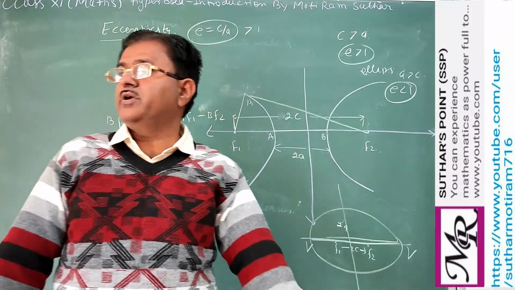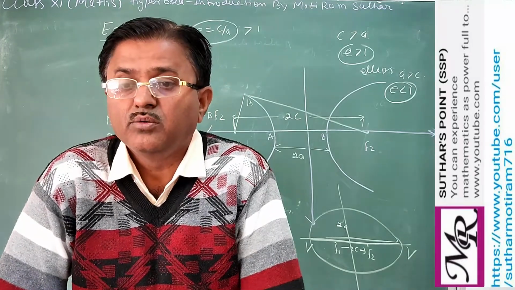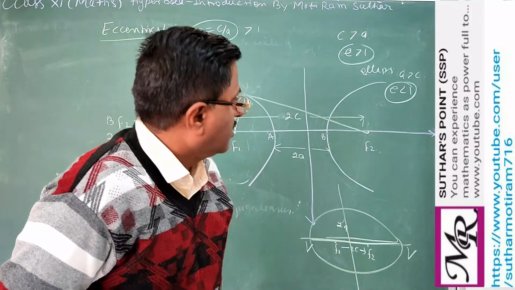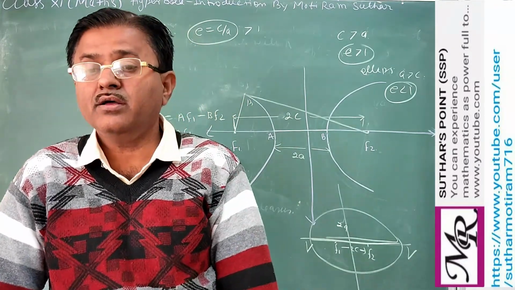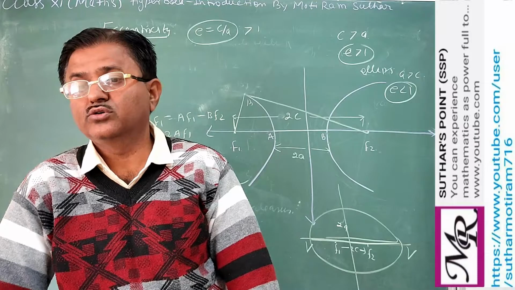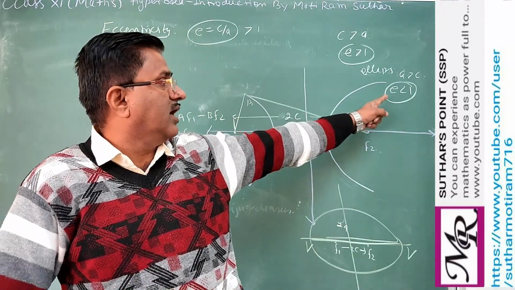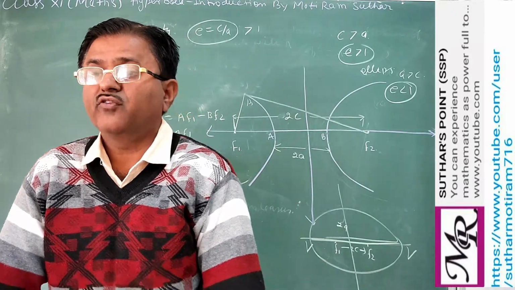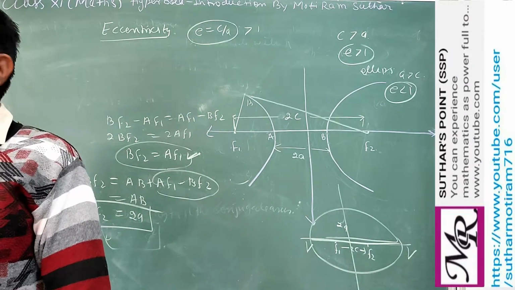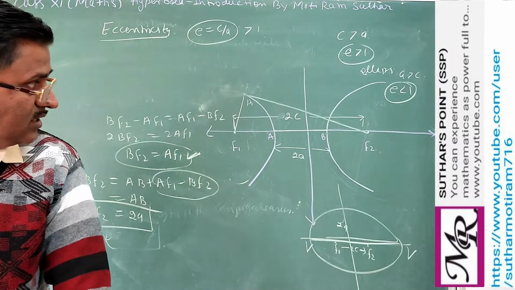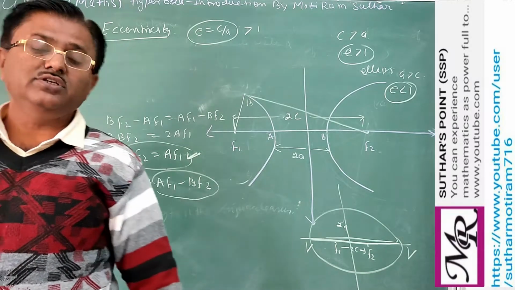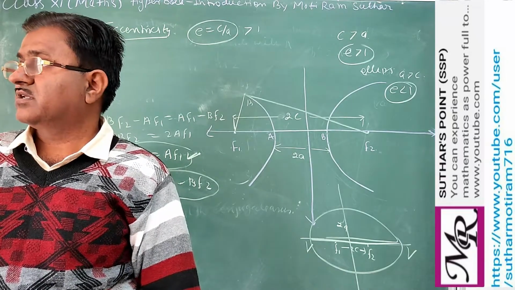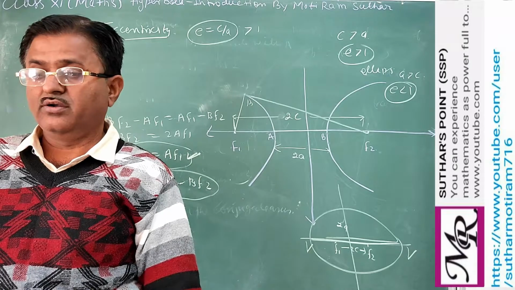In some competitive exams it may be asked what the value of E is in the hyperbola or in the ellipse. So E is less than 1 for the ellipse, and for the hyperbola the value of eccentricity will always be greater than 1. When calculating, you can check whether it is true or not.